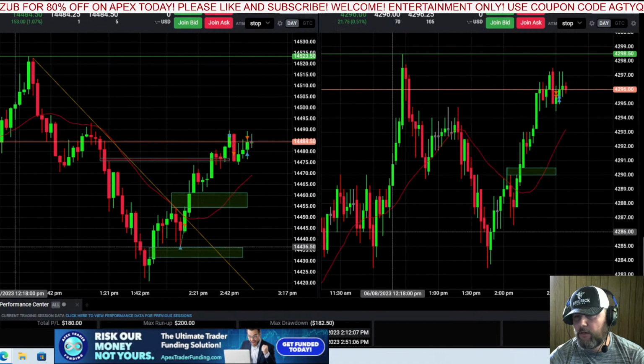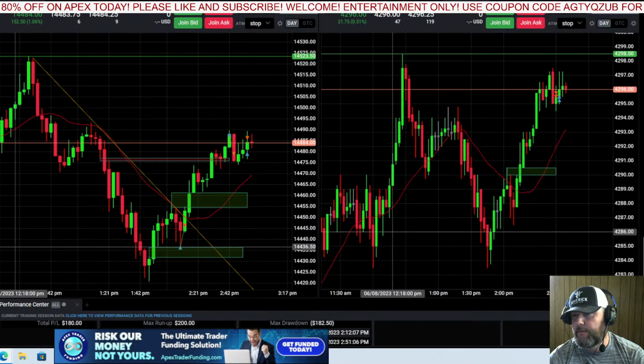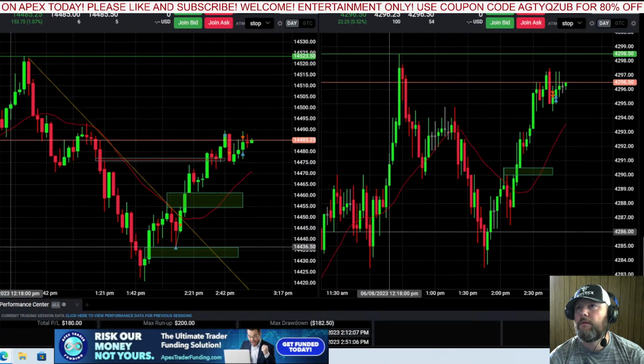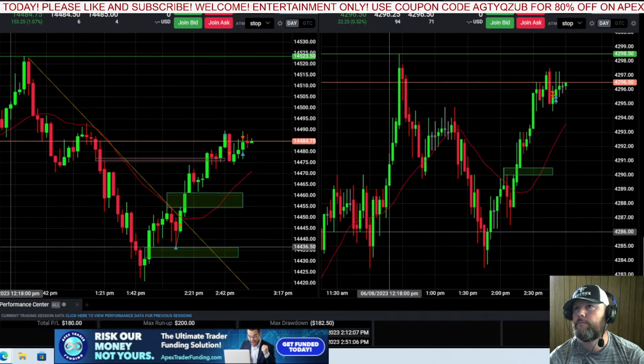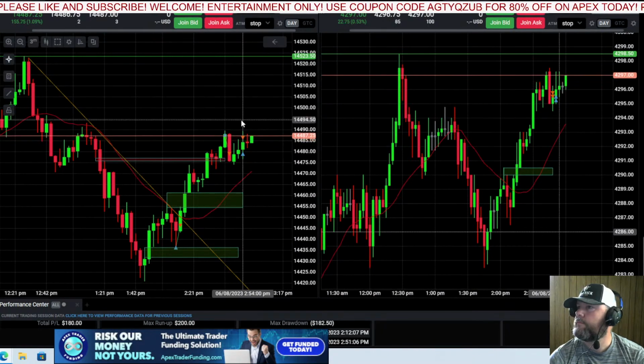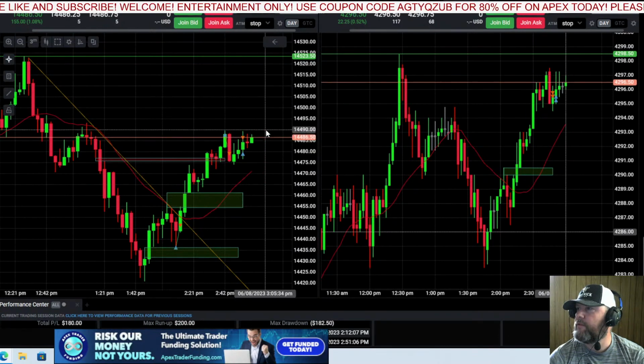So on the 1-minute chart, I mean, really kind of muddy, kind of tough to see there. Trying to break out here on the NQ, moving back above this 490 level.